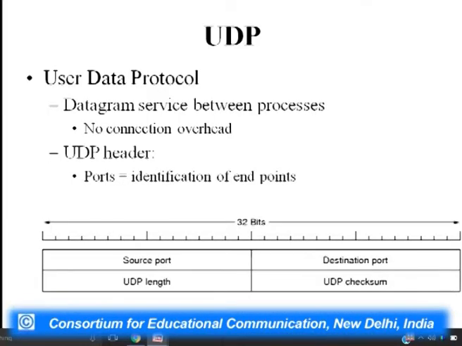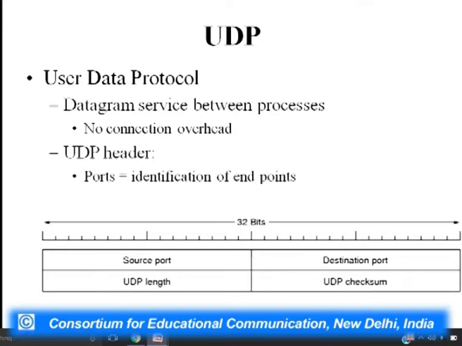Then the UDP length. The question is how long the UDP datagram is. Therefore, the UDP length, which is how much data you have plus the control information, has to be put in this field of 16 bits. That means the maximum could be 2 raised to the power 16, around 64K.